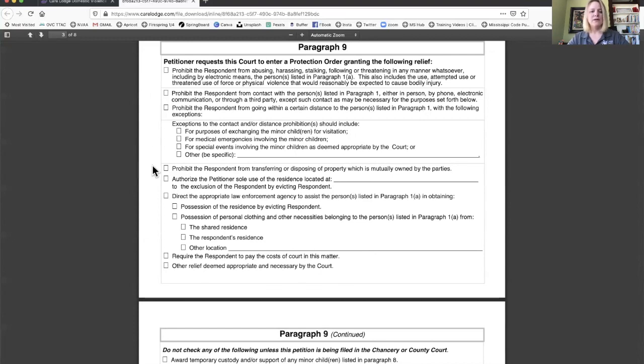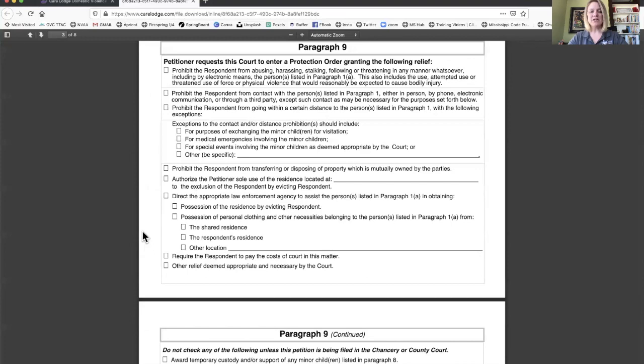As you look down, these following sections indicate that you wish for the court to protect the property that is owned by both of you and the respondent, so that they don't dispose or transfer that property without your permission. It's also asking for you to have the residence that you and the respondent may have shared together at one point. If that is true for you, you can indicate that address here and select this box.